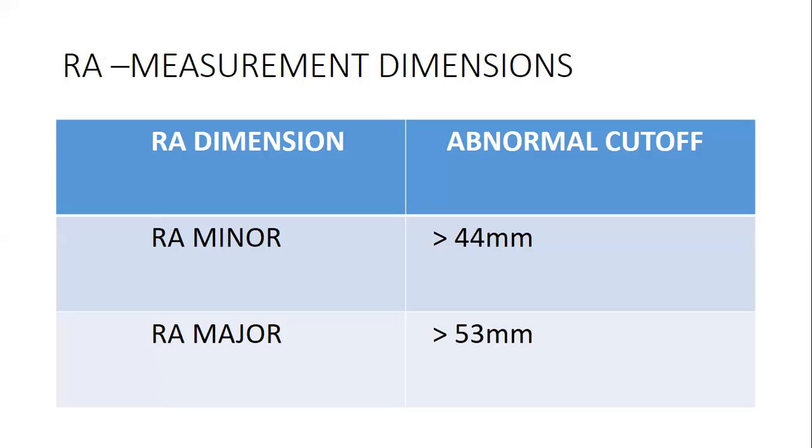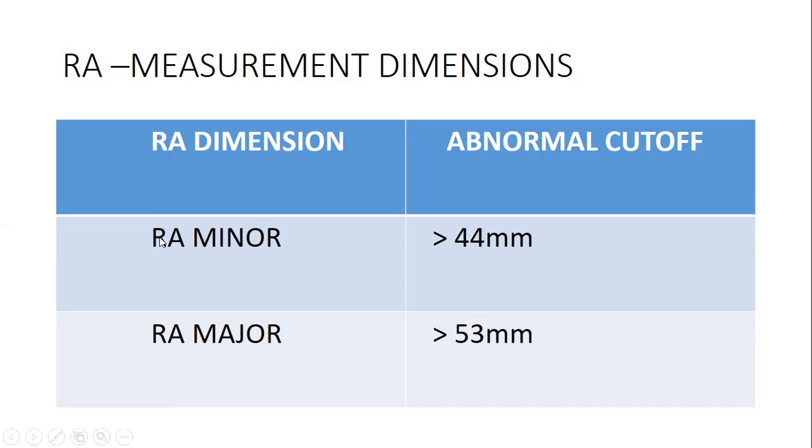What are some of the measurements that you need to take for RA dimension? For the right atrium, minor measurements. Now, this minor measurement is the one that you get from the lateral wall of the right atrium to the interatrial septal line.